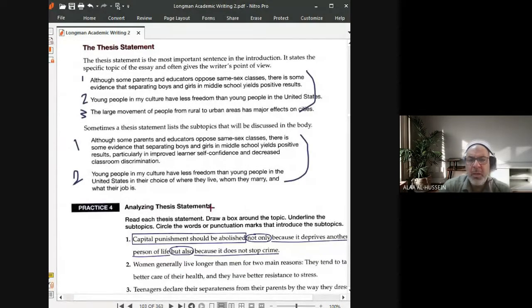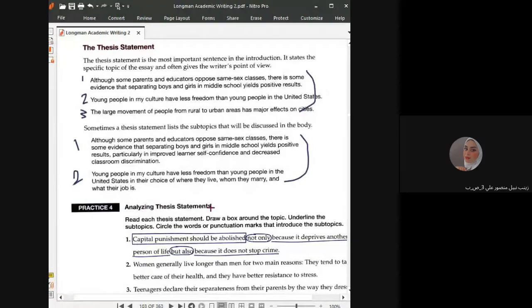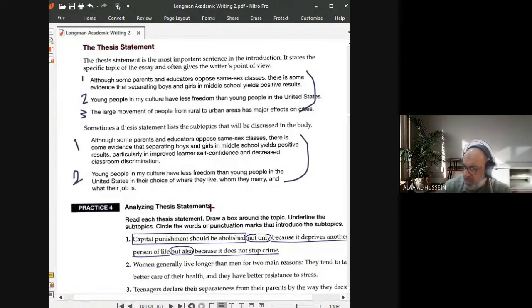Zainab Nabil, read the first sentence in the second group. Yes, Doctor. Although some parents and educators oppose same-sex classes, there is some evidence that separating boys and girls in middle school yields positive results, particularly in improved learning, self-confidence, and decreased classroom discrimination. Okay, thank you very much.